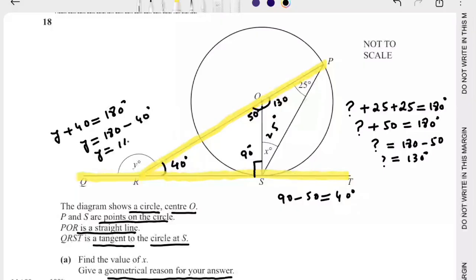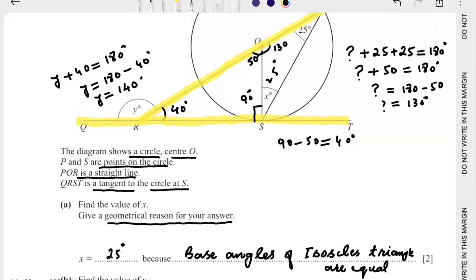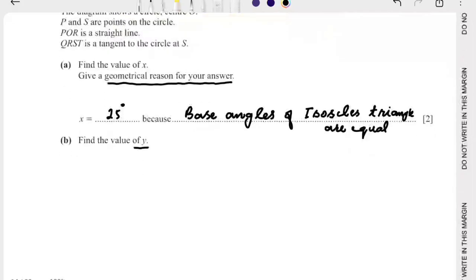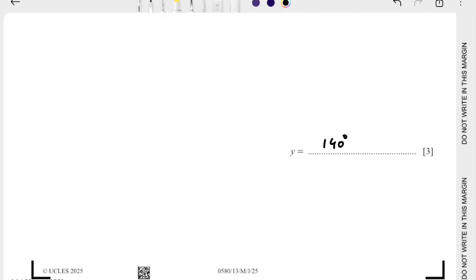It would be 140 degrees as the answer. Students, you have to show working in the required place. So the final answer would be 140 degrees. Students, try to show working in the space provided. Next question.